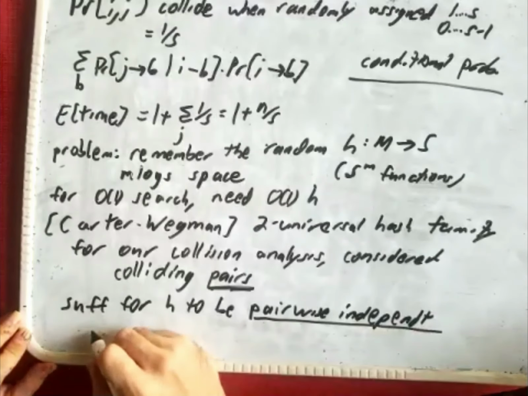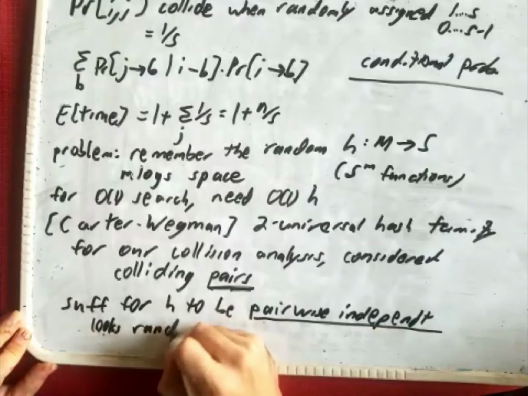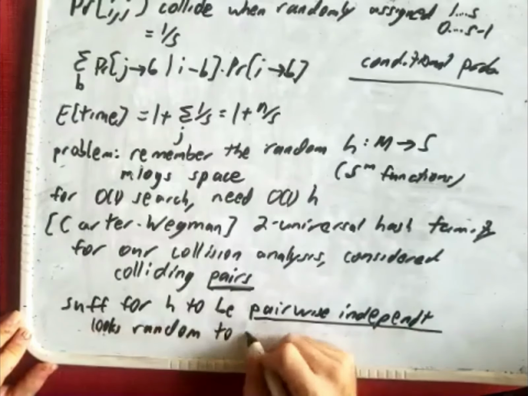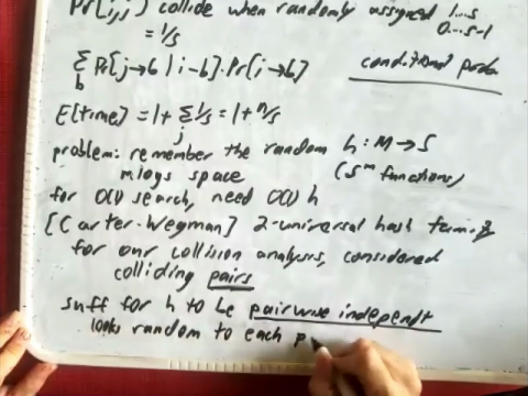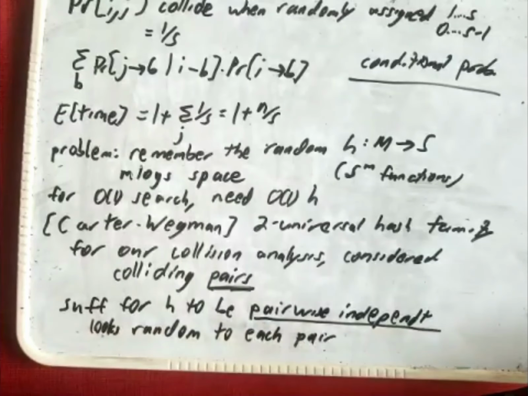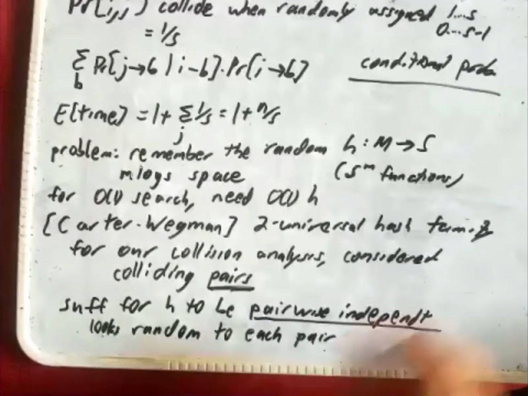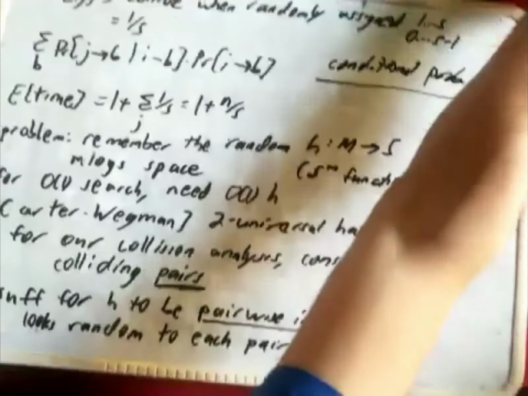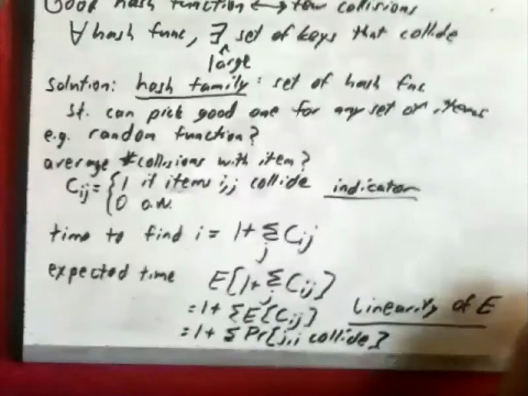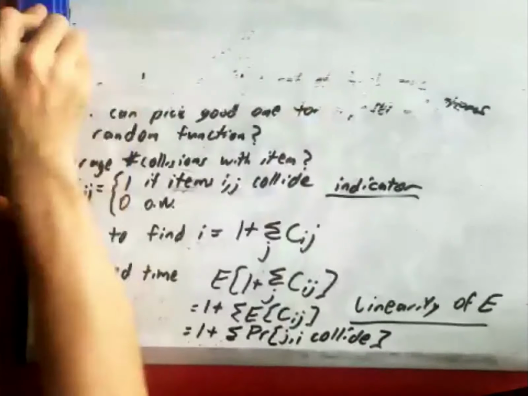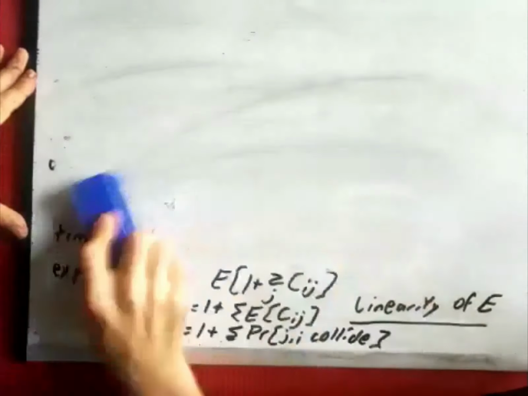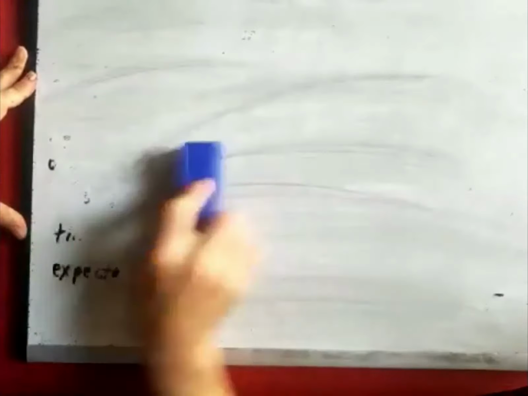Which is saying that it looks random to each pair of values, even though it might not be a truly random function. Now that is a pretty interesting concept. If you haven't seen it before, you might even ask whether there's any difference. So let me show you a difference.